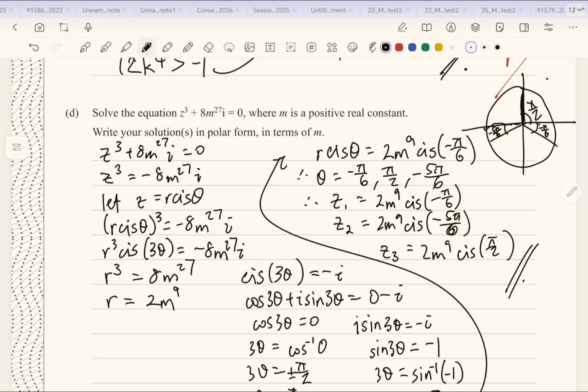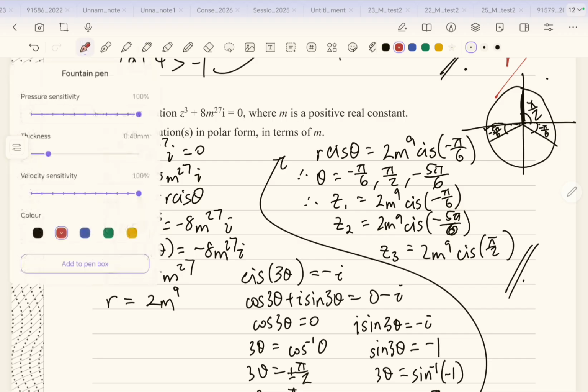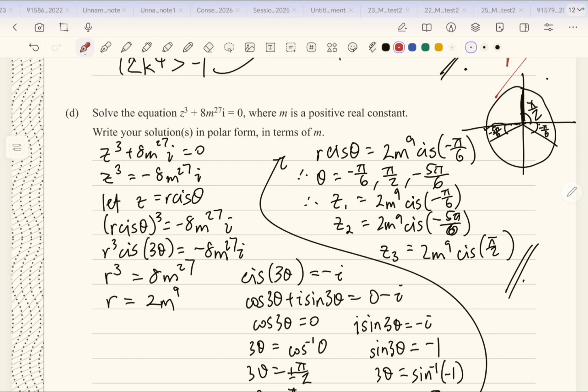Let's take a look at the marking scheme to see where our marks are. Right. First mark is one correct solution. Let's check if all my solutions are correct. Yes, they are correct. So one correct solution is 1 U mark. All 3 correct solutions with justification.